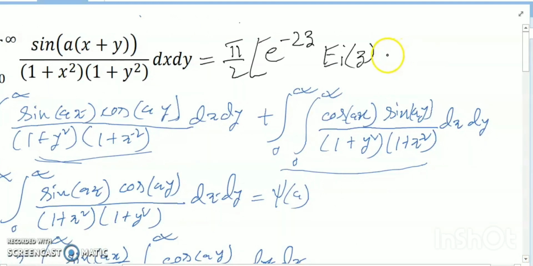So it can be written Ei(a) minus Ei(minus a), sorry, it is 2a, it can be written as 2a Ei(a), not z. Okay, it is the minus a.